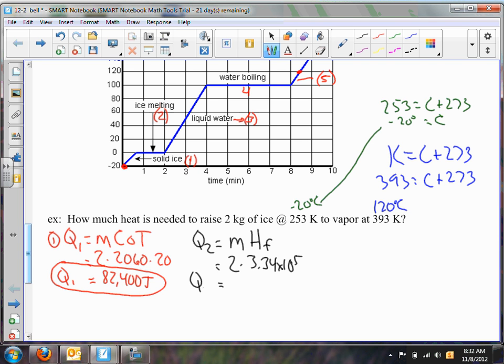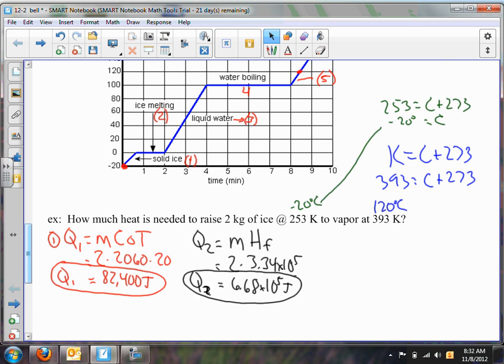And when you multiply that together for Q2, you get 6.68 times 10 to the 5th joules. So that brings me right here. I've now raised the temperature of the ice, and I've now melted all the ice. We're at the 2-minute mark.